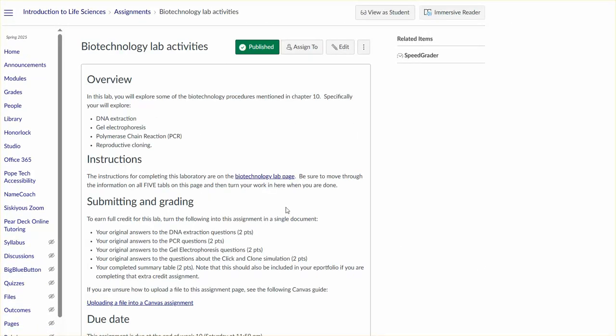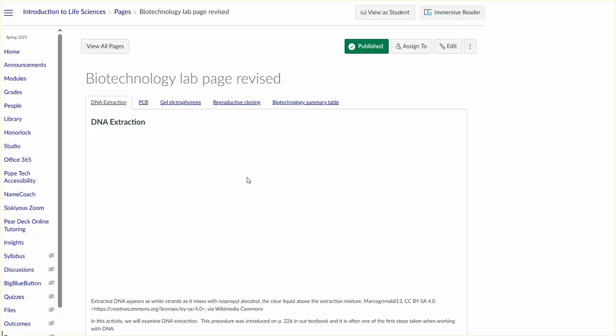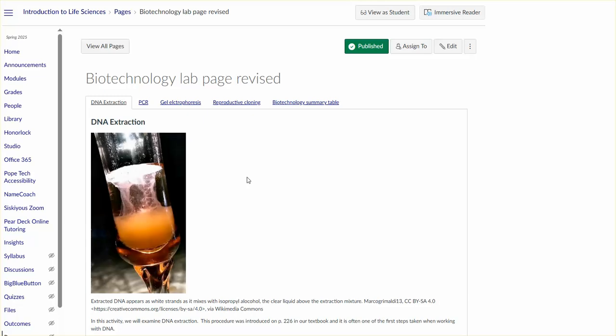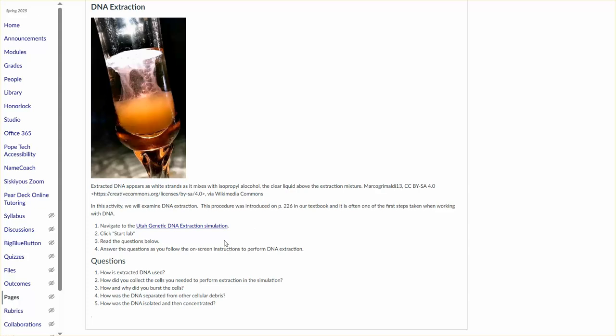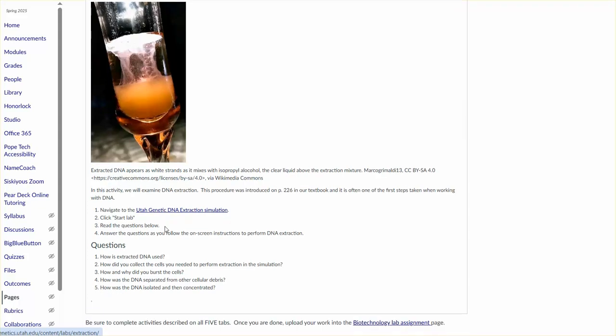This week's lab is going to walk you through a few different techniques that are used in biotechnology. First of all, you're going to do a DNA extraction, and the extraction is a Utah genetics simulation. So it's going to walk you through going into the lab and extracting DNA from living cells.